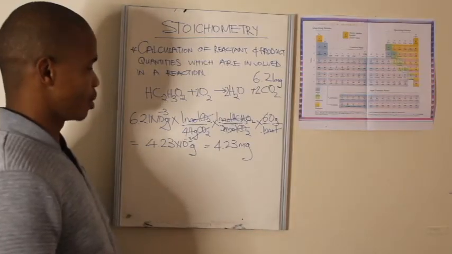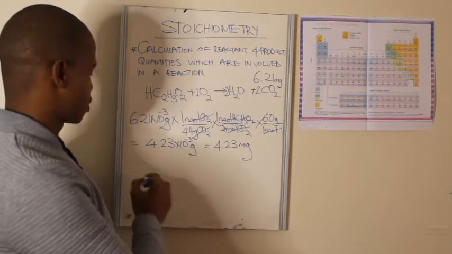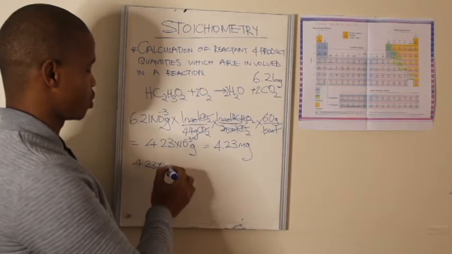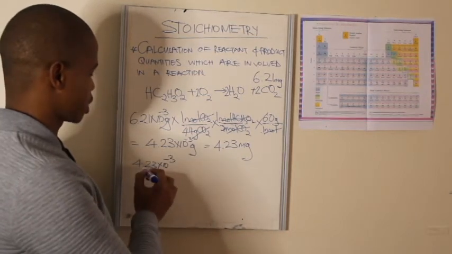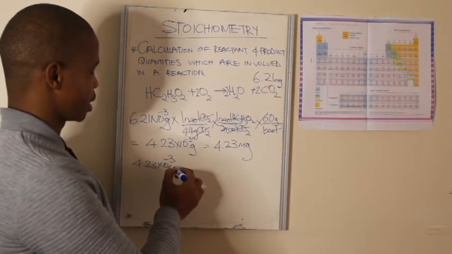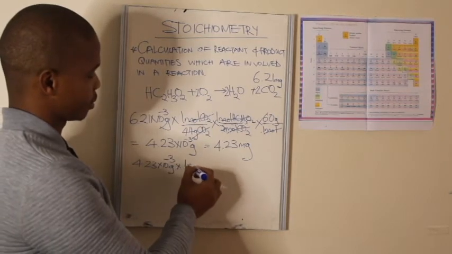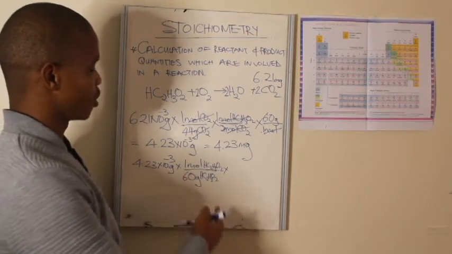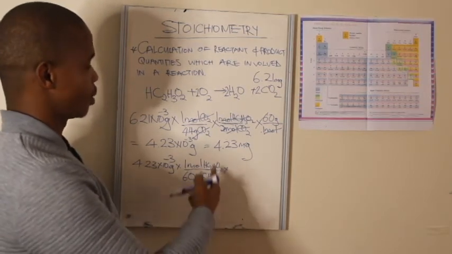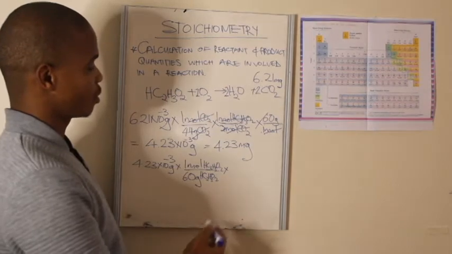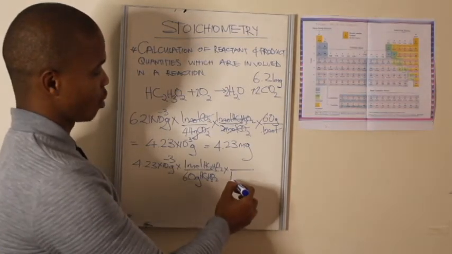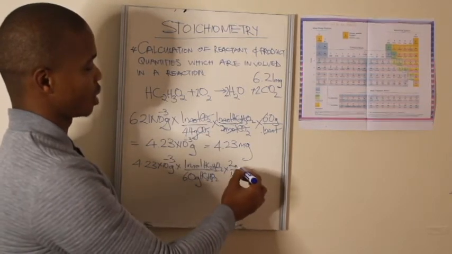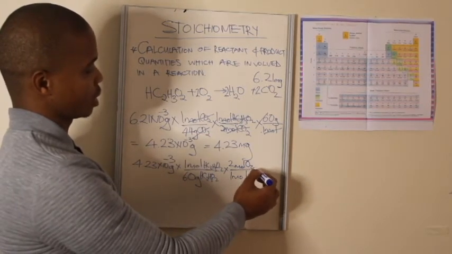If you want to know that, you'll always have to change your acetic acid first to the number of moles of acetic acid. Then you relate it to the moles of oxygen. So your 1 mole of acetic acid is 2 moles of oxygen.